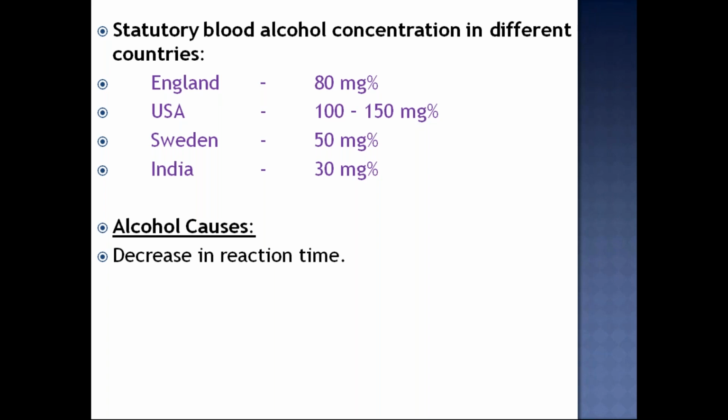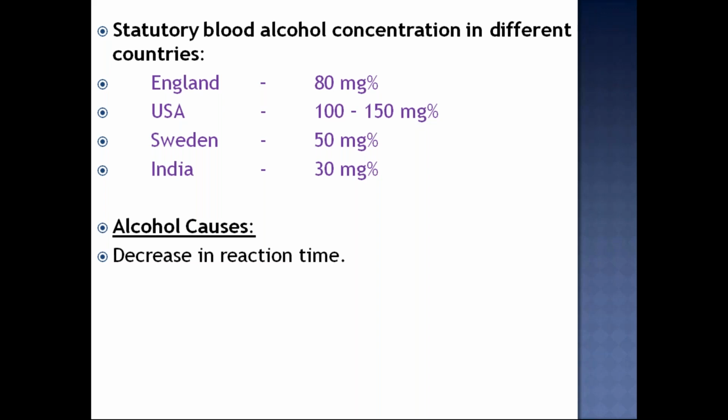So what this alcohol really does to the body is, one, it will decrease the reaction time while driving. Normally a person while driving, whenever a sudden obstacle comes in front of him, will immediately apply brakes. This is a normal reaction in a normal person.